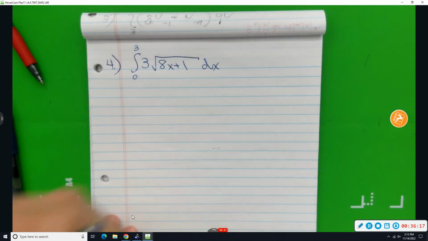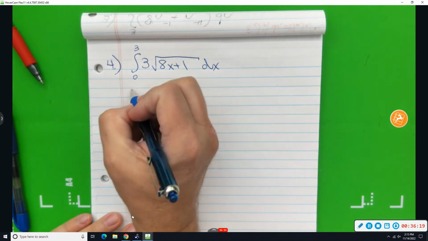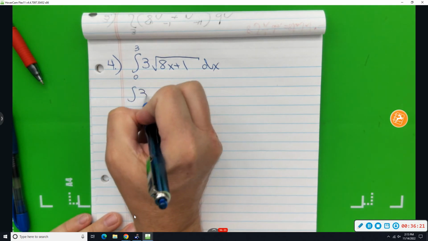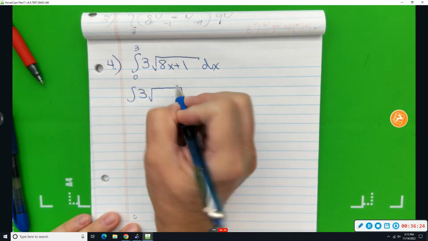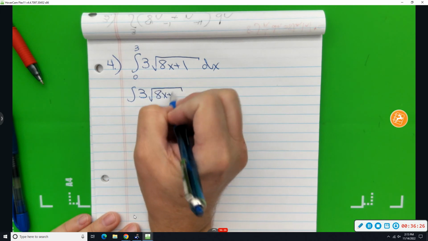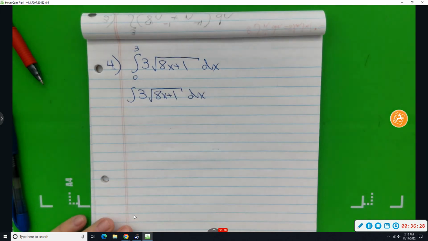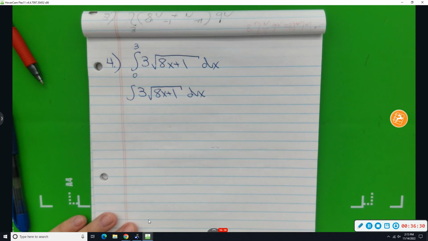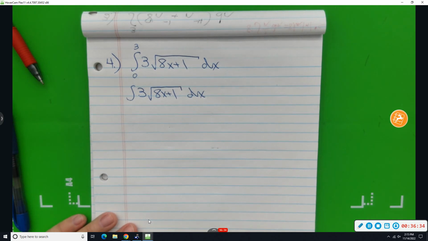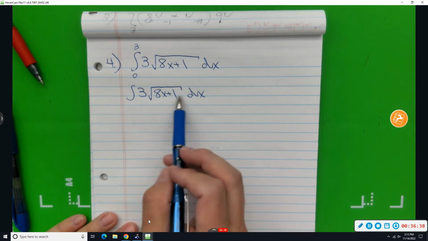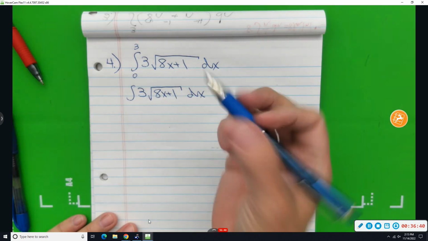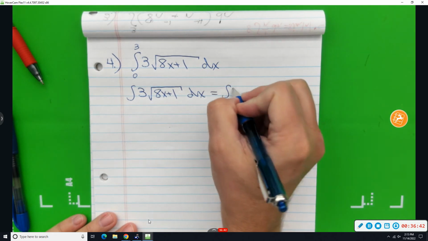Well, we know how to anti-differentiate square roots. We're going to anti-differentiate this function. Once we find the antiderivative, we'll plug in 3 minus, we'll plug in 0. Well, if we're going to anti-differentiate this, we know that a square root is the same thing as the exponent of 1/2.